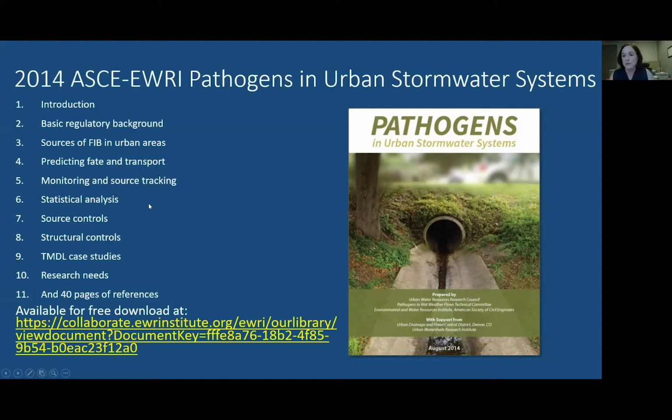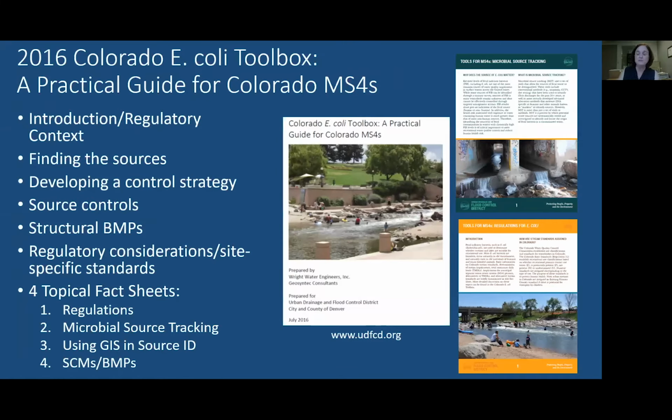We have a great chapter on statistical analysis that Bob Pitt wrote, information on source controls and structural controls, and then a handful of case studies that really get at the high cost of implementing TMDLs in urban watersheds. And then we hit some research needs as well.